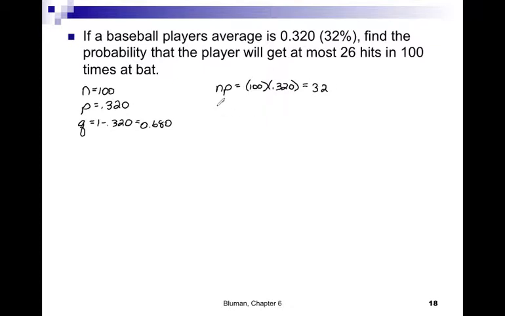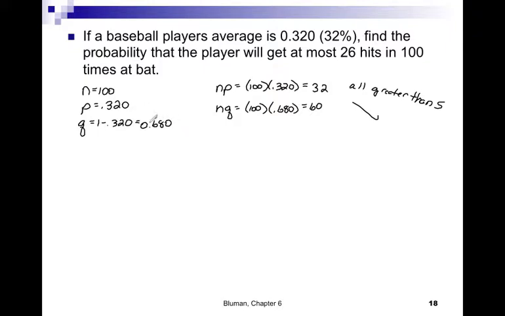And then we do N times Q, which is 100 times 0.680, and that gives us 68. So they're all greater than 5. So we can use the normal approximation. I'm left-handed, so my check marks are backwards.